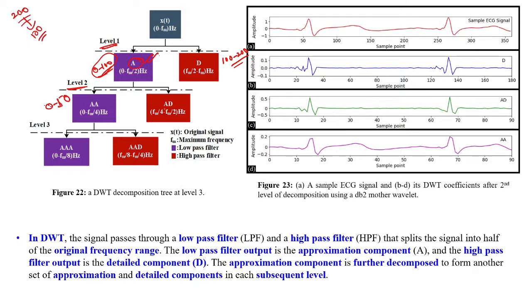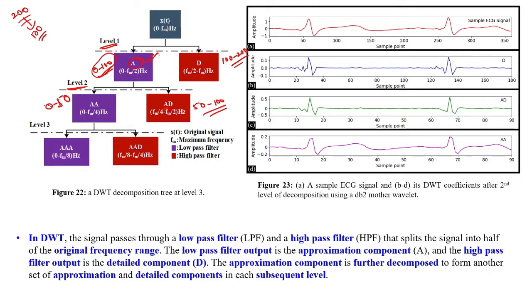This A appears first because it is the approximation coefficient from level 1, and the second one is the detail coefficient, so AD, and the first one is AA. In the detail coefficient of level 2, we would have the signal component in the frequency range of 50 to 100.